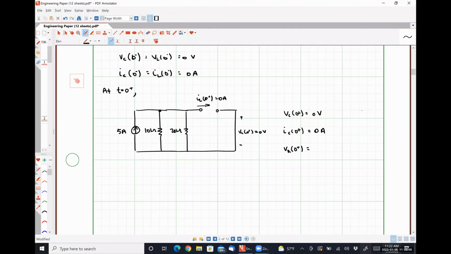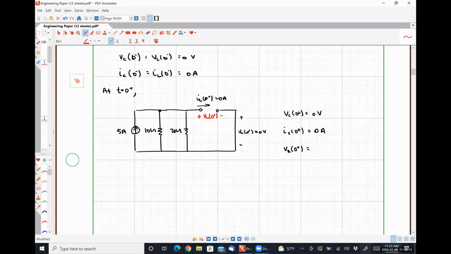My inductor voltage can change, right? So let me say what I mean by that specifically. Let's put it in here in red. This is my inductor voltage at t equals 0 plus, excuse me, right? This quantity does not have to have the same value that it had at t equals 0 minus.